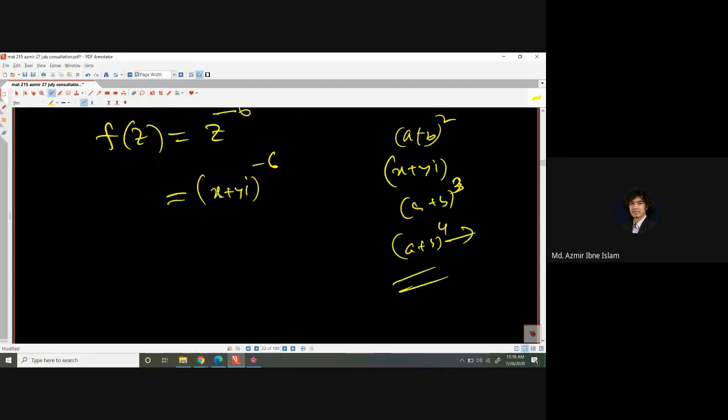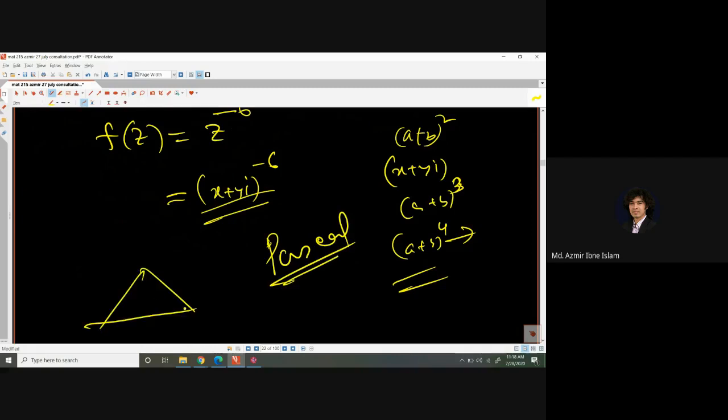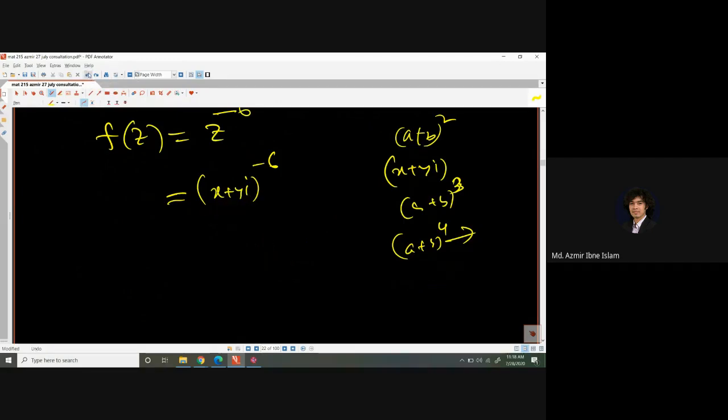We can expand. We can also use Pascal's triangle. But it is getting difficult, and the insight is that we have to memorize all these things. So in this case, rectangular form is not helping us.